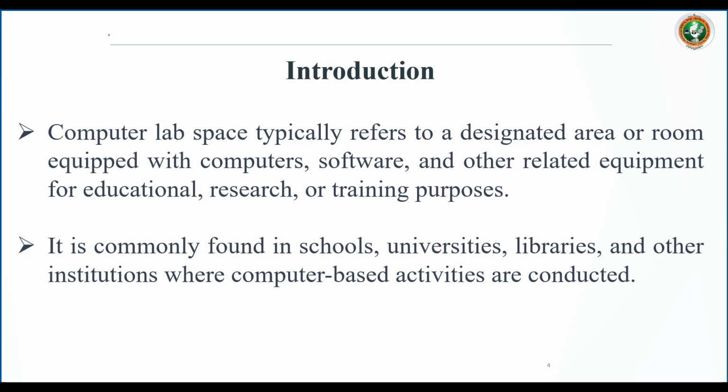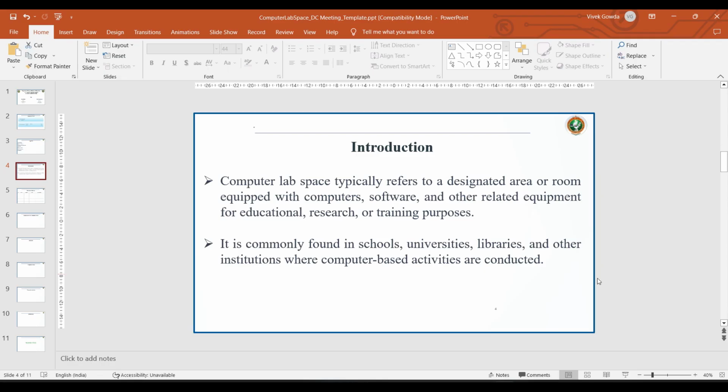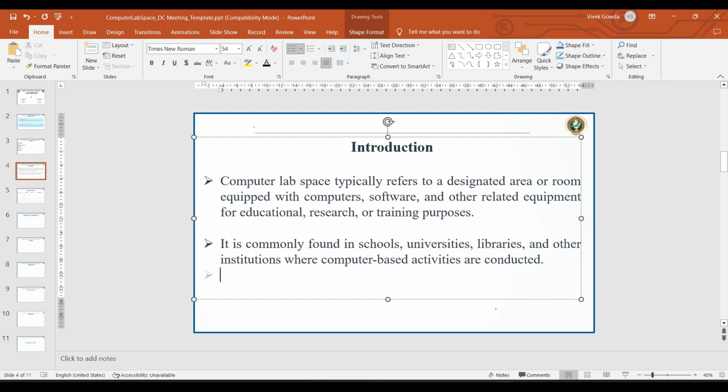Just 2 to 3 lines of explanation should be there as one point. Then you need to give proper space between the different points. So the second point can look like this, and the third point also.